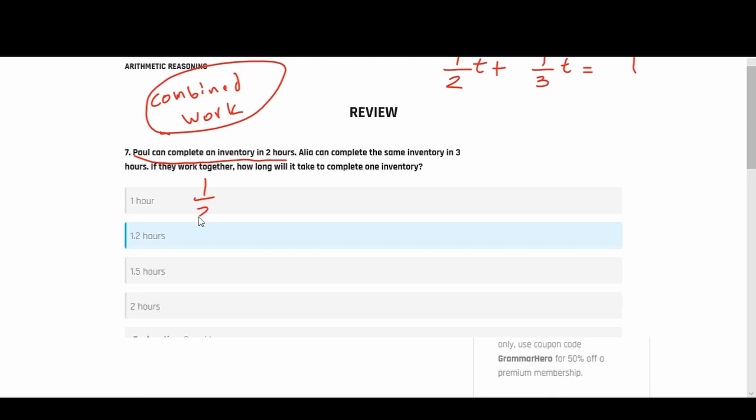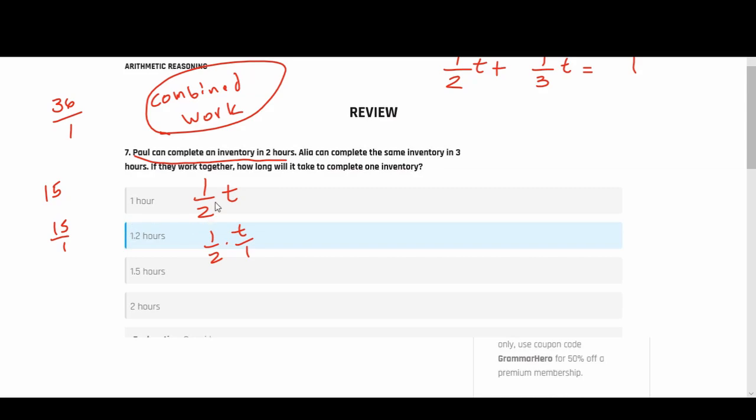Let me do that off to the side so you can see what I'm talking about. Right here I have 1/2 times t. If you're not good with fractions, this is what you're really doing: 1/2 times t over 1. To make anything a fraction, you just place it over 1. So if I wanted to make 15 a fraction, I would just do 15 over 1. If I wanted to make 36 a fraction, I would just place it over 1.